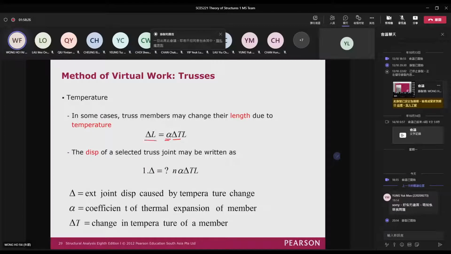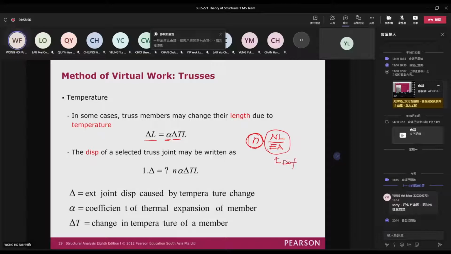So you can find the change in length due to the change in temperature by multiplying with the coefficient of temperature. Before, the deformation was N times nL over EA, the virtual member force times the deformation.